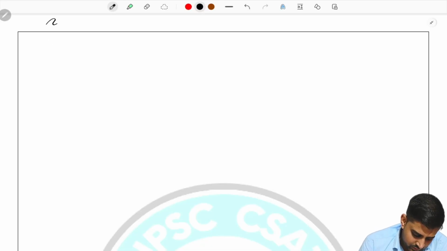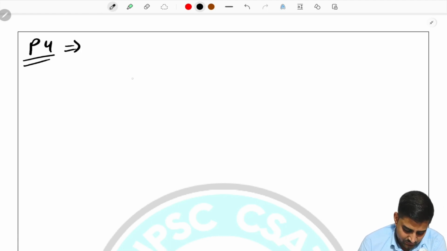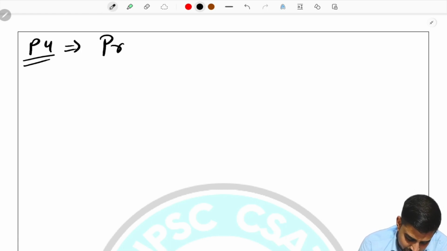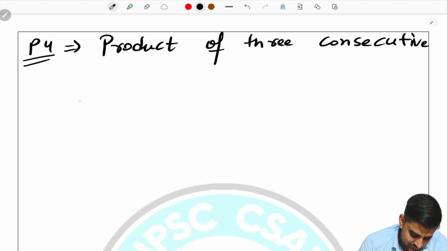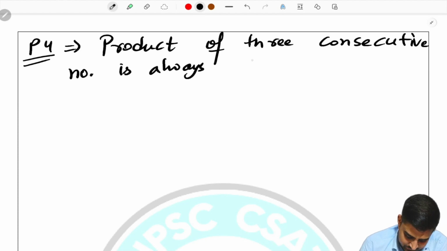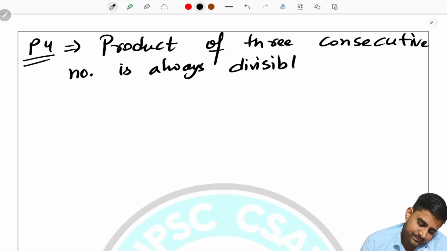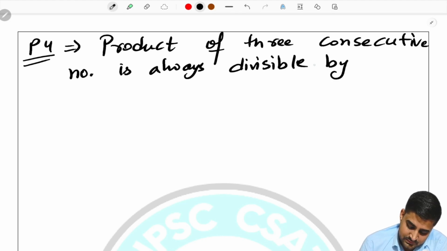Now we are talking about property number 4. It is a very simple one. Now we are talking about the products. Product of 3 consecutive numbers is always divisible by 6.